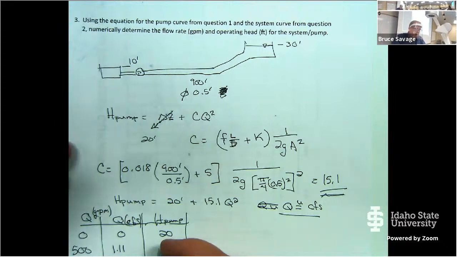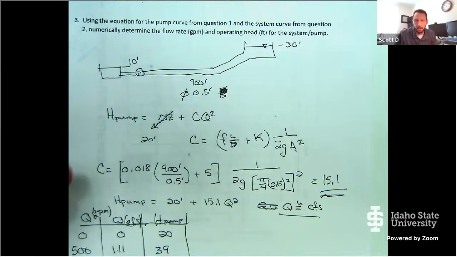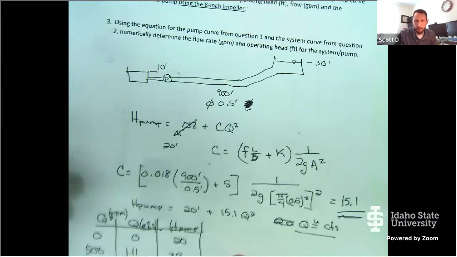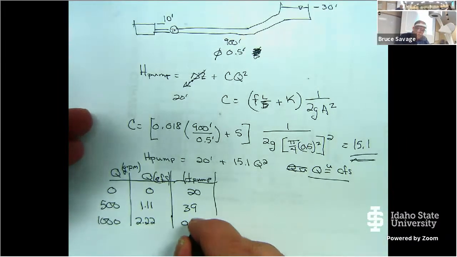And find that at 500 gallons per minute, my total head at the pump is 39. And at 1,000 gallons per minute, it is 94.